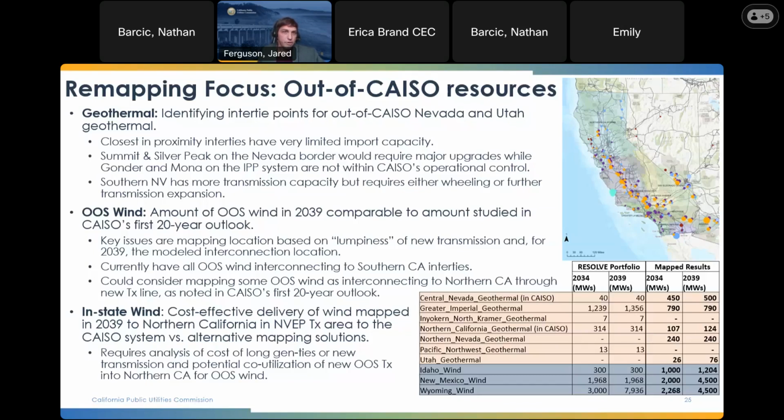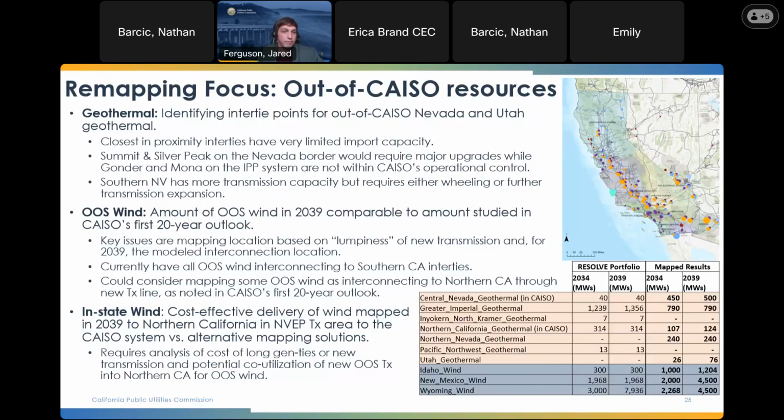An additional issue, particularly in 2039, is that we have all 10 gigawatts of that out-of-state wind interconnecting to Southern California interties, either in the El Dorado, Harry Allen area or down at the Palo Verde intertie. So we need to do further investigation of whether that is the best approach for those interties.